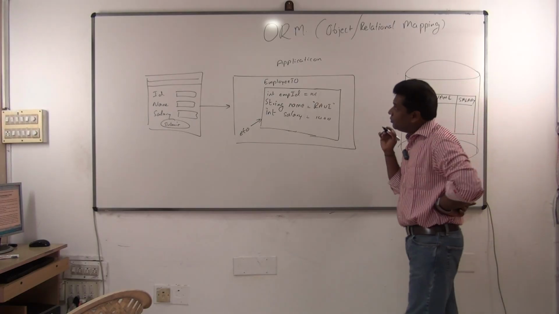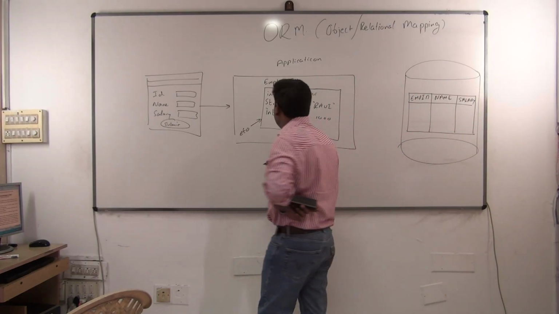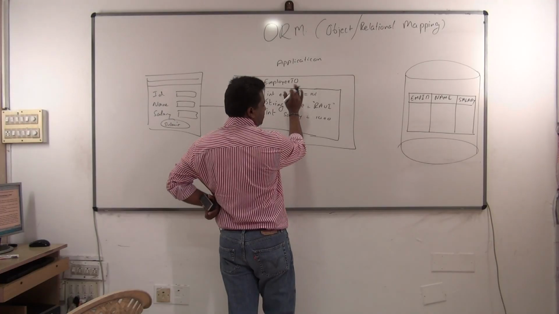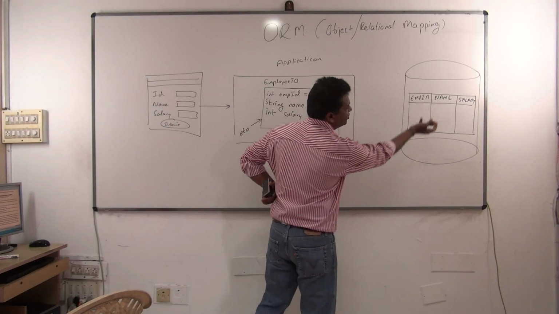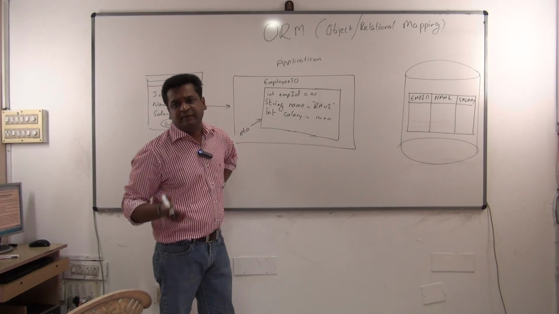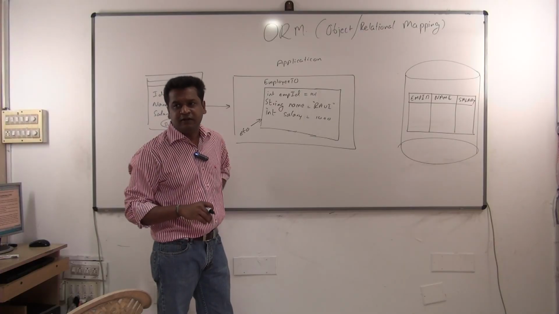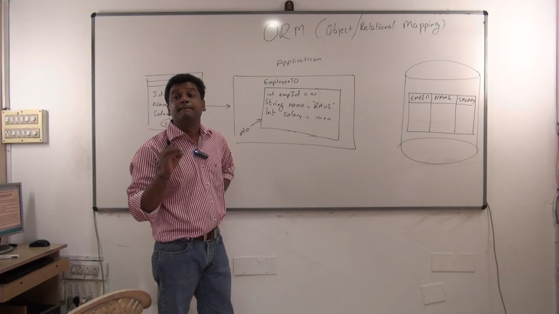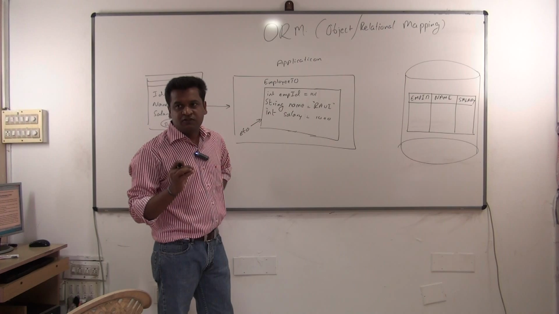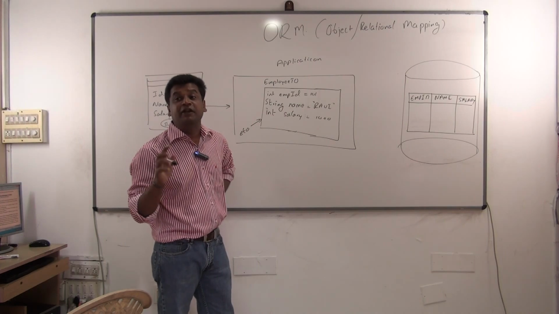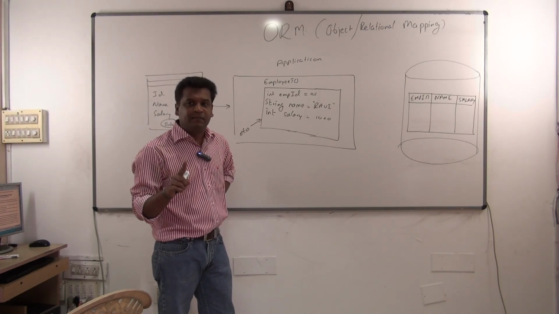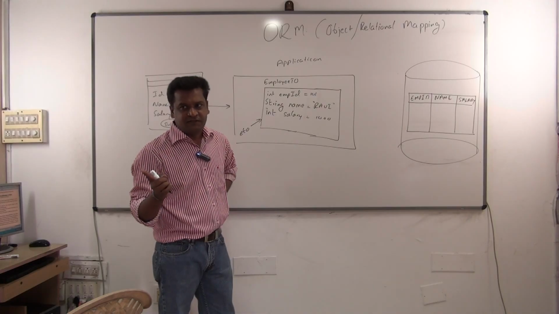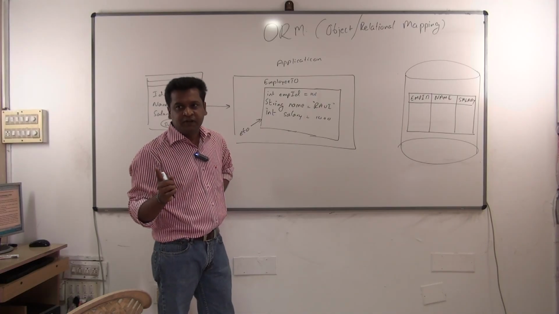Fine. So in this ORM concept, what happens is, the values that are there in this TO will be directly stored into what? The table, directly. We will not be writing any query and all that. How? Through a process called mapping. That mapping can be done in two ways, either with the help of XML or with the help of annotations. That's what we will be learning. You don't have to worry. Clear?